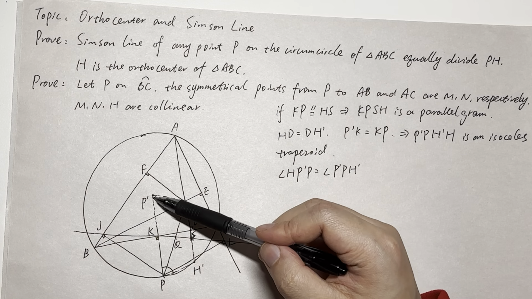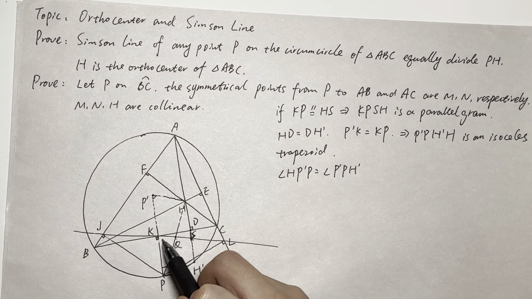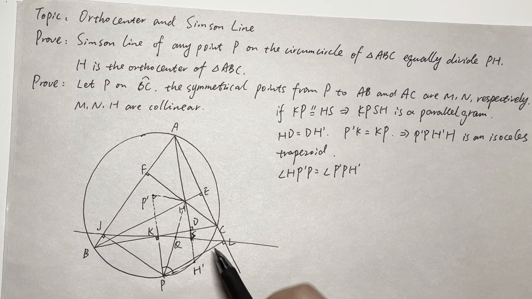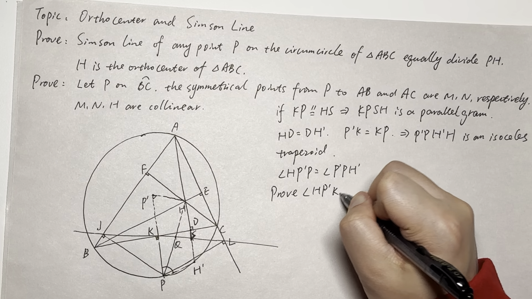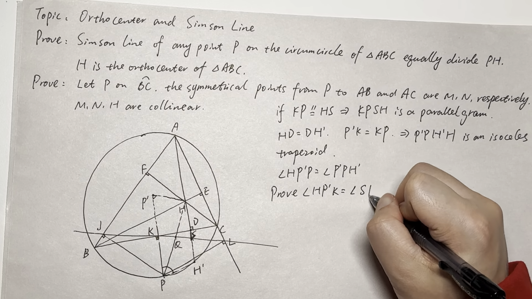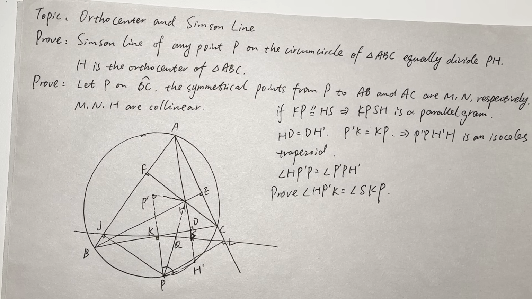So to prove that this is a parallelogram, we can think of proving that this angle equals this angle, the angle SKP, right? Now we want to prove angle HP prime K equals angle SKP.